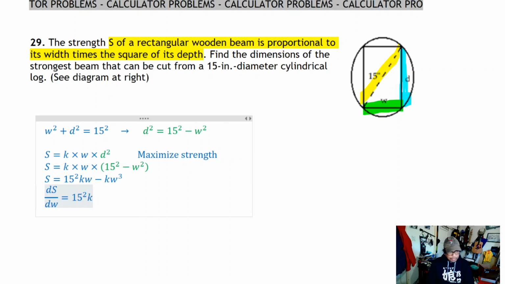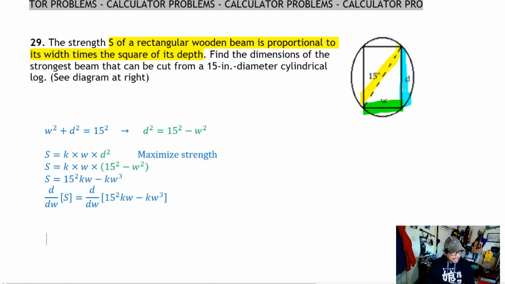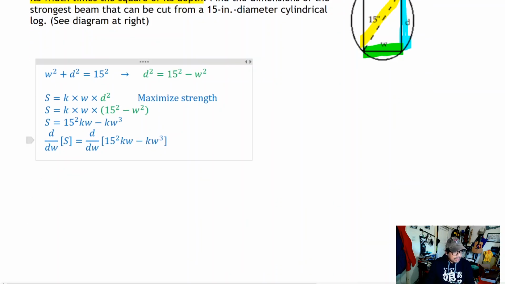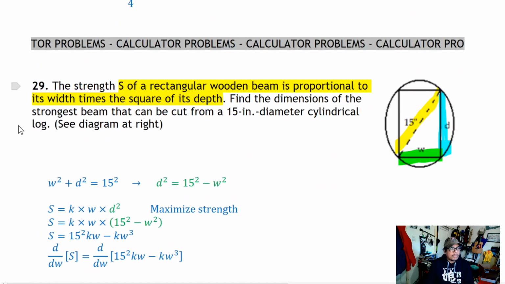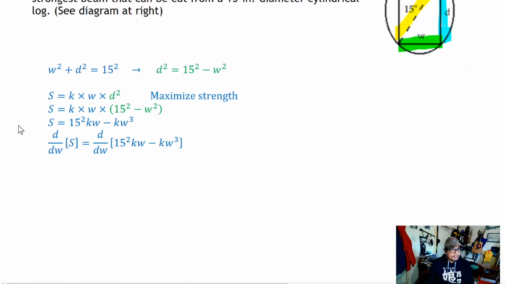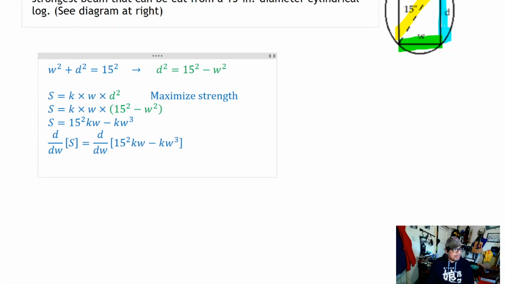Actually, you know what I should do first? I really should have put the derivatives here that I'm taking. So I'm taking the derivative of S with respect to W. Okay, now we'll get back to where we were.